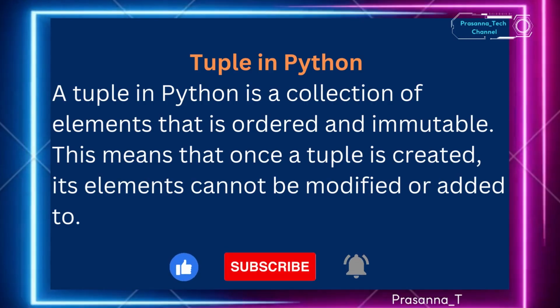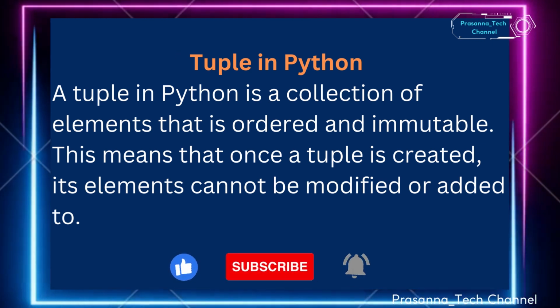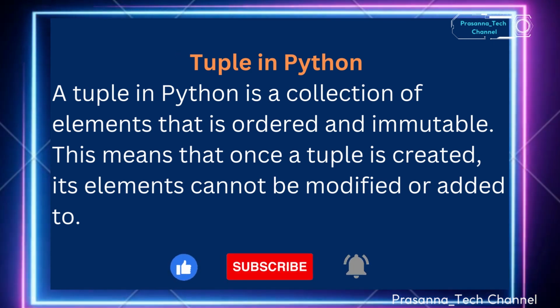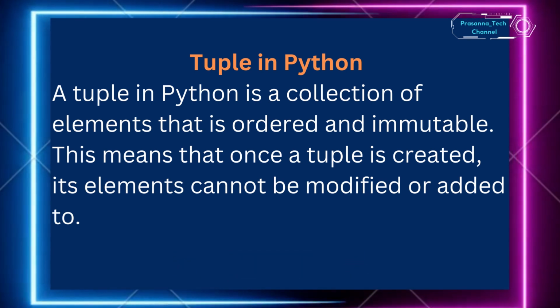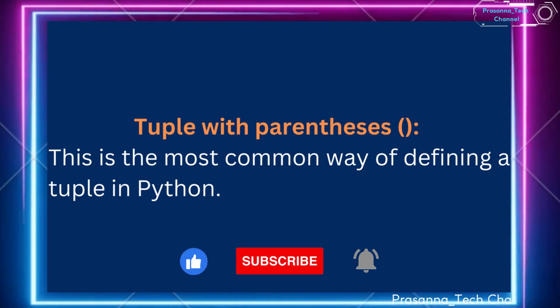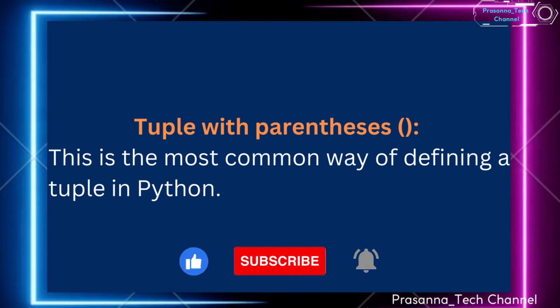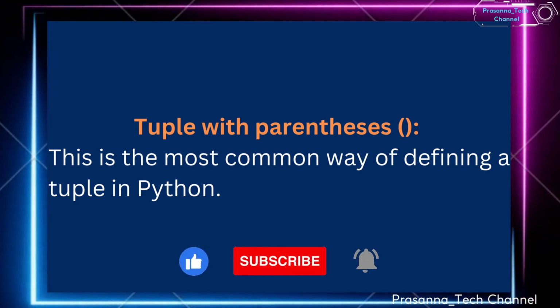Tuple in Python. A tuple in Python is a collection of elements that is ordered and immutable. This means that once a tuple is created, its elements cannot be modified or added. Tuple with parentheses. This is the most common way of defining a tuple in Python.